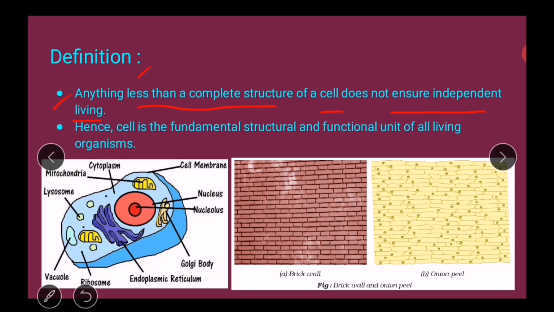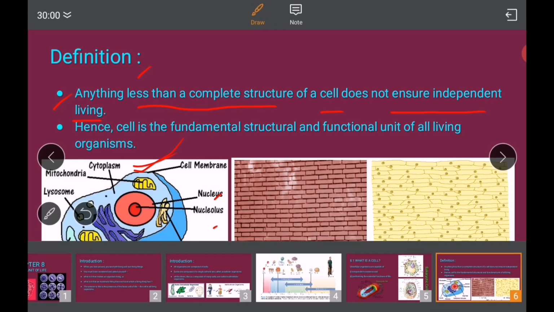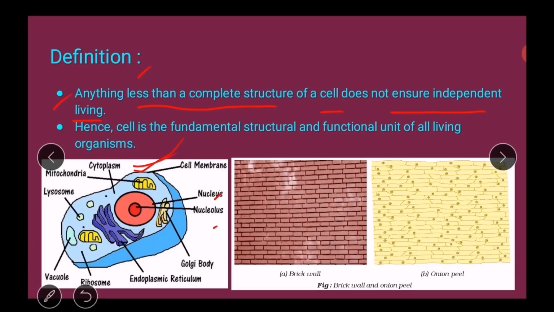This means that here you see in this diagram the structure of a cell, and it is labeled: nucleus, nucleolus, Golgi body, endoplasmic reticulum, cytoplasm. What are all these things? These are the names of the organelles, parts of the cell.